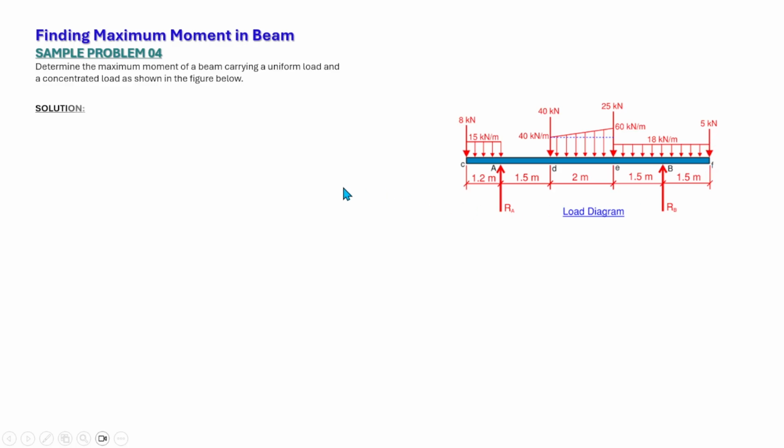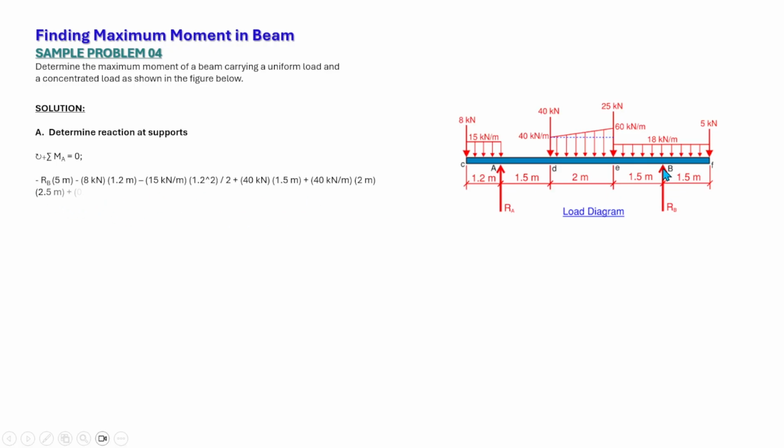So let's get started with our solution. First of all, we need to determine the reactions at the supports, that is support A and support B. So let's take the sum of moments at point A, positive clockwise, equal to 0. So minus RB times 5.